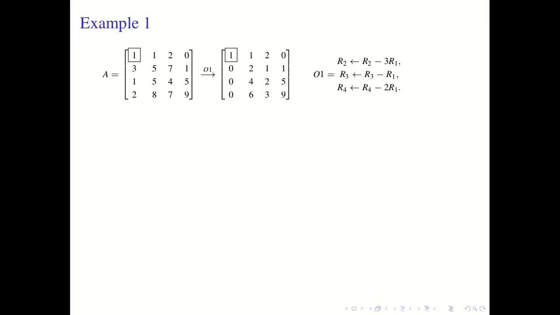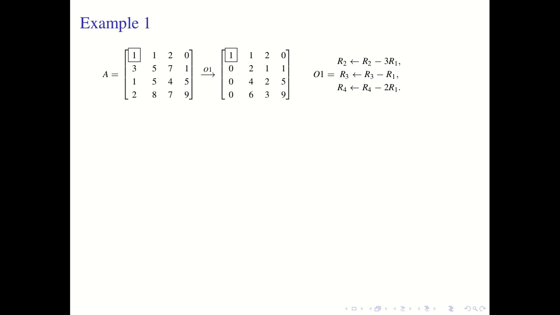That is non-zero itself, so we don't have to do any row exchanges. Now 1 is the first pivot. Next, our job is to bring all the entries in that column to 0. So we do that operation.